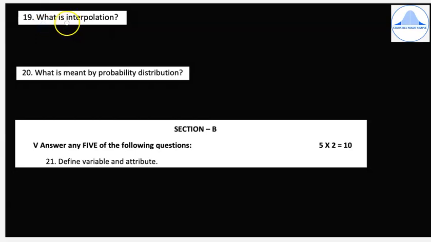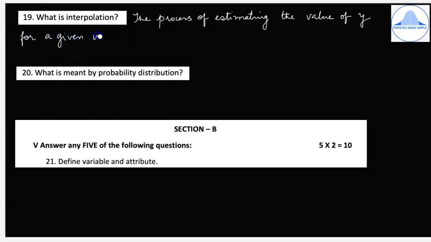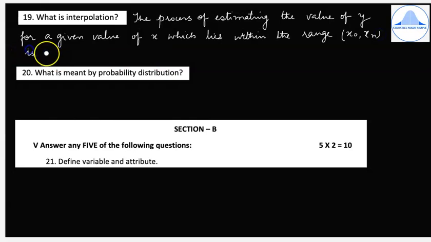Nineteenth question, what is interpolation? The process of estimating the value of y for a given value of x which lies within the range x0, xn is called interpolation. 20th question, what is meant by probability distribution?